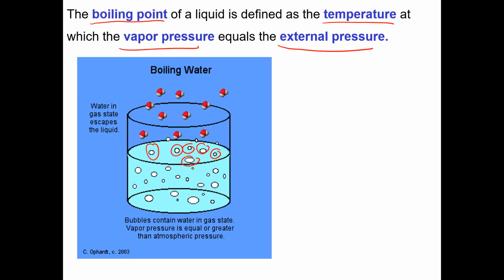And the reason that this can happen is because the bubbles contain the liquid in the gaseous form at a pressure equal to or greater than the external pressure. So they won't just get crushed, they'll actually form and rise to the surface. So bubbling is an indication that you have obtained boiling.